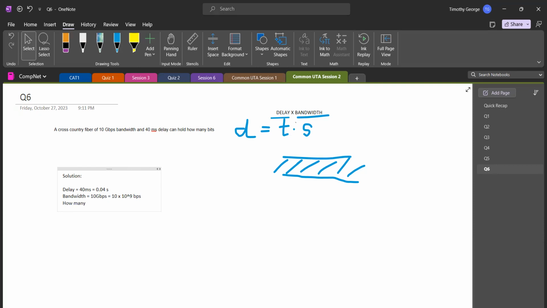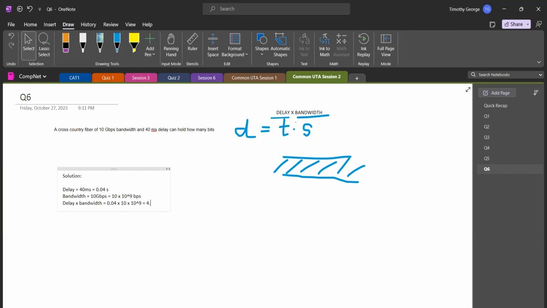How many bits are there? We'll just write delay times bandwidth, the multiplication of these two. So 0.04 times 10 to the power of positive 9.